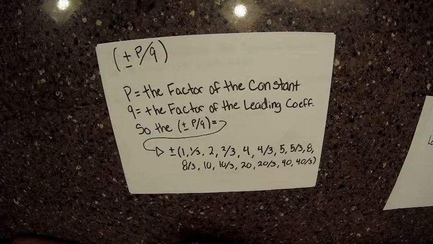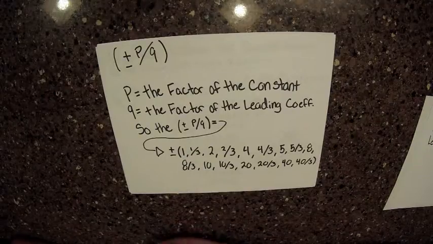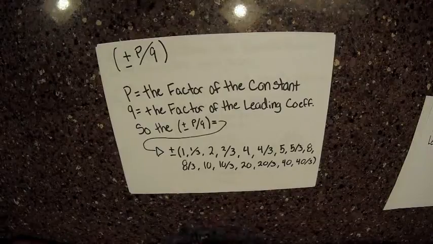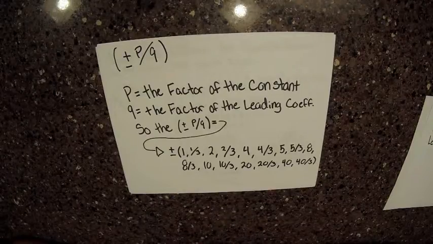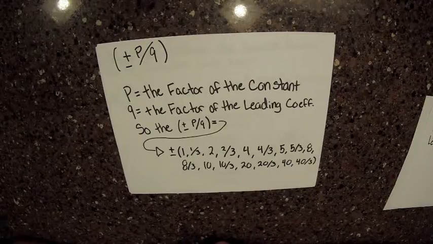And then on top, which is part of the division, it could be 1, 2, 4, 5, 8, 10, 20, or 40. Now only one of those numbers goes on top. And since it's p over q, you need to divide it by the leading coefficient. Q stands for the leading coefficient factor, which in our case is 3, so it's 1 or 3.